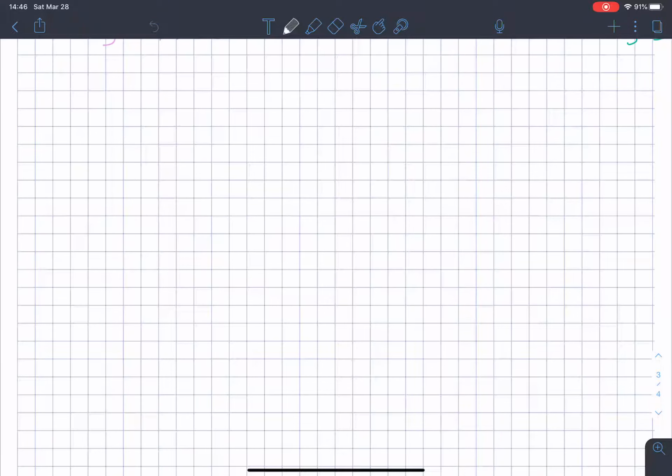Okay, continuing with 6.1, the next example. Let's plot both f of x and f inverse of x on the same set of coordinate axes.